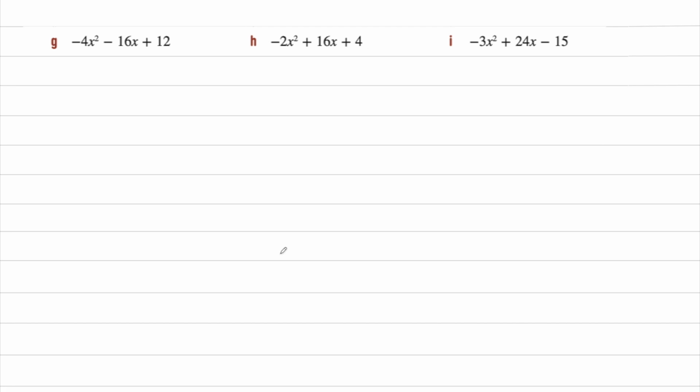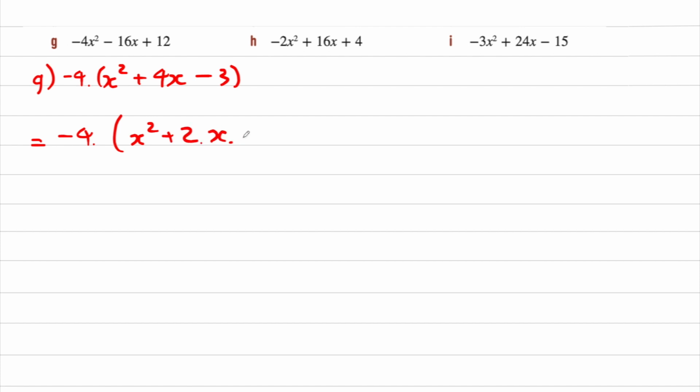Question G, minus 4. When I take minus 4 as a common factor outside, I get here h squared plus 4h, and this is not 12 anymore. It has to be minus 3. So minus 4, completing the square one more time. 2h times 2 plus 2 squared minus 2 squared minus 3.